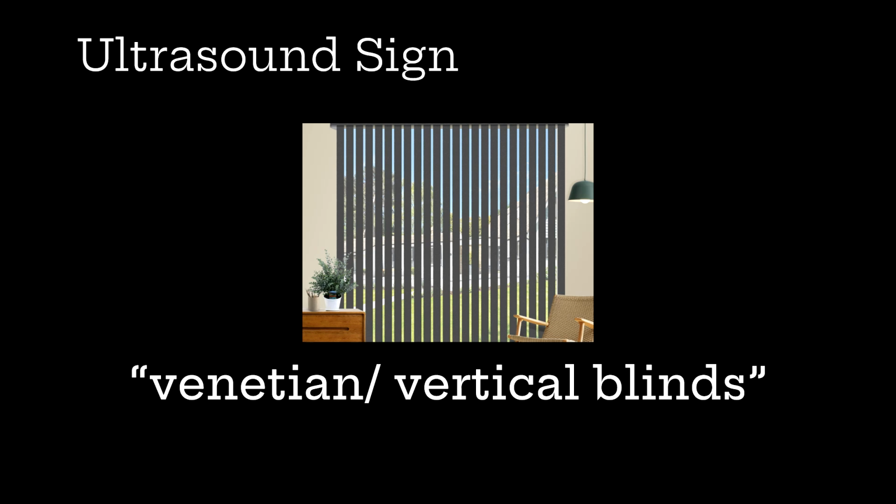Again, in ultrasound, we love our ultrasound signs and symbols, and for adenomyosis, we call it the Venetian blind or the vertical blind sign, and that's because you see the contrast in the dark light going throughout the myometrium of the uterus.